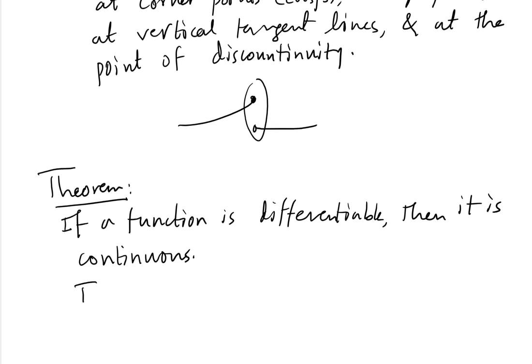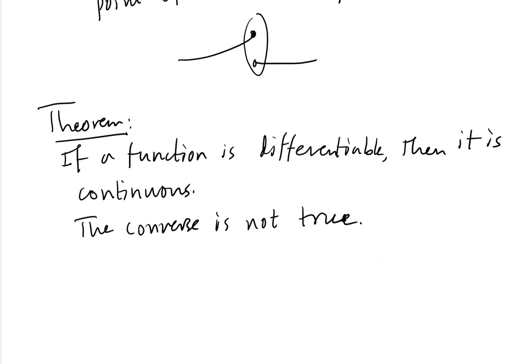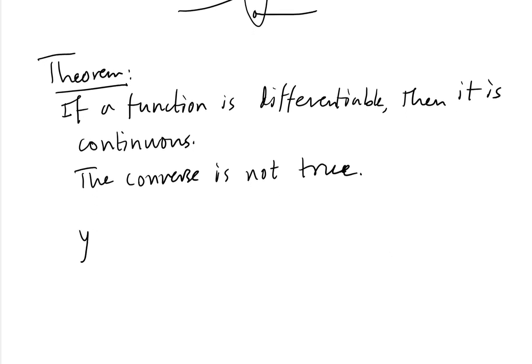Note that the converse is not true. So if it's continuous, doesn't mean it's differentiable. And one example on that is the absolute value of x, the one I showed you earlier. Even the cubic root of x.